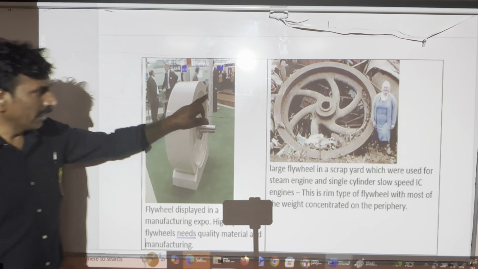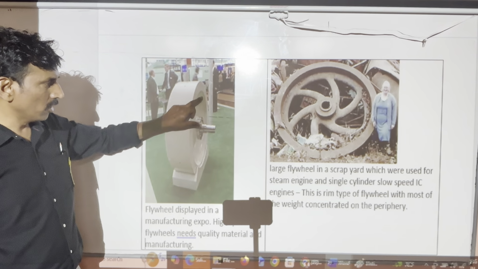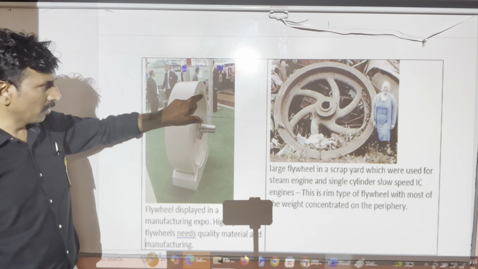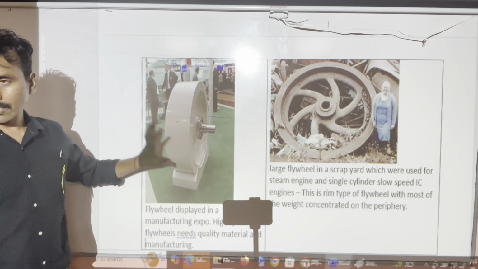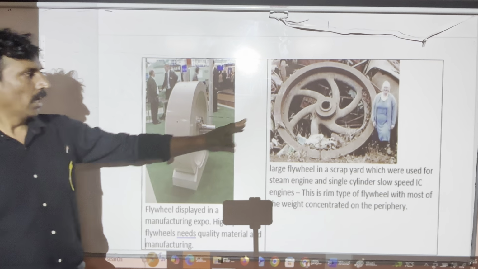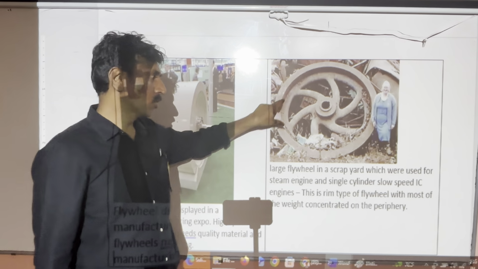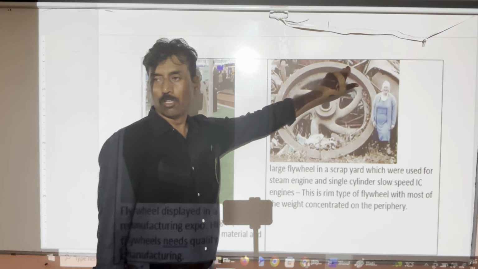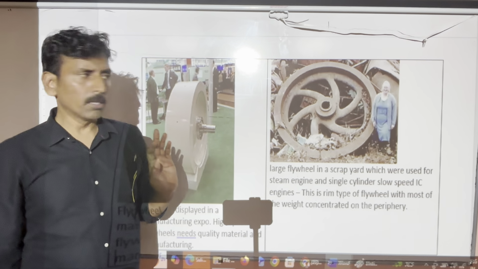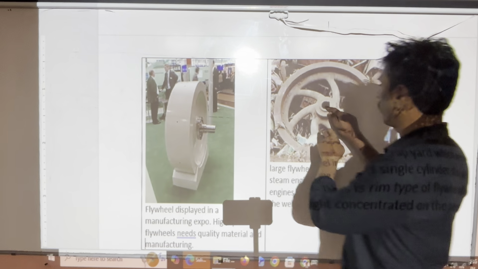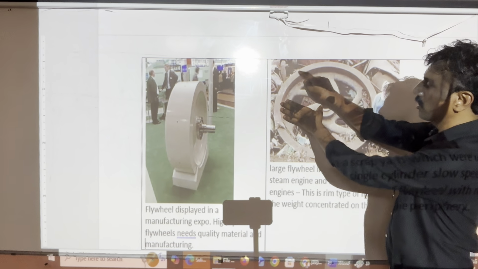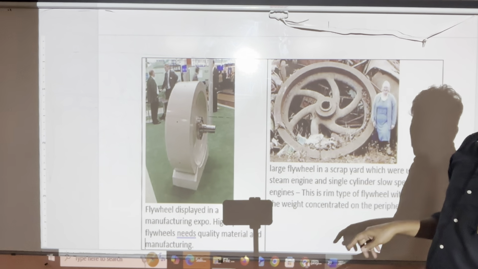This is not exactly a disc type flywheel, so it has got mass here also, but it is slightly grooved in. It's not exactly a disc. And here you can see this is a rim type of flywheel where you have spokes, and most of the mass is concentrated on the periphery. So when you have a flywheel like this, you can say that the radius of gyration is here, because most of the mass is along the rim.